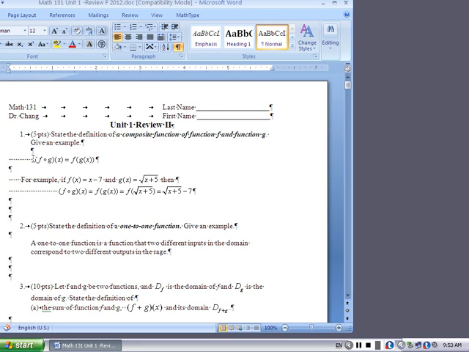We have read this several times when we started. So the wording part just lets you know that you are given two functions, one is f and one is g. Now we are going to define the composite function f composed with g.